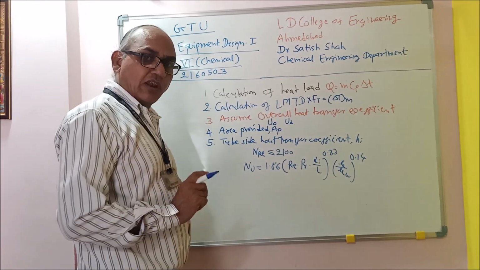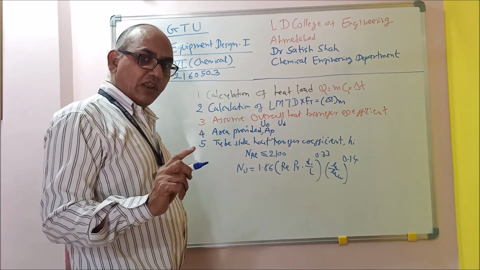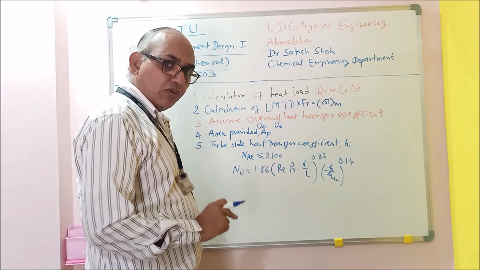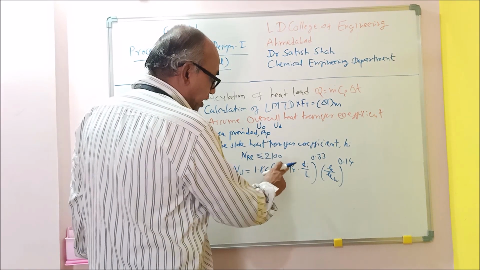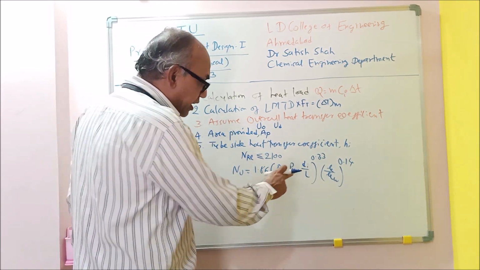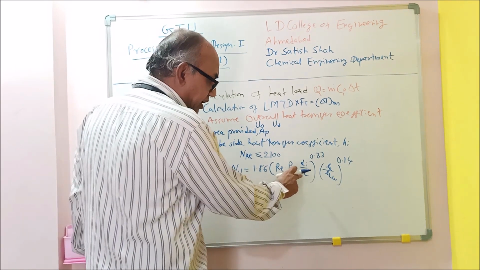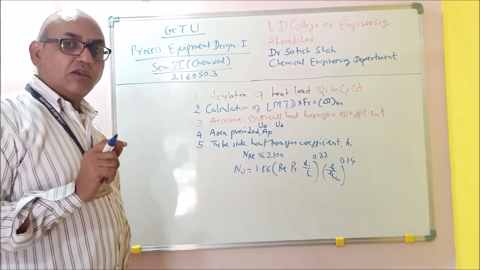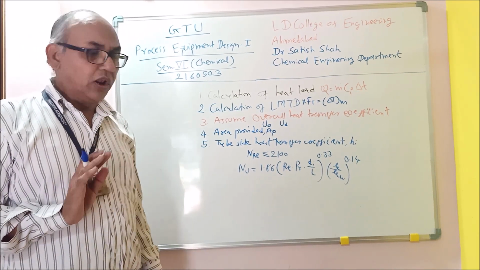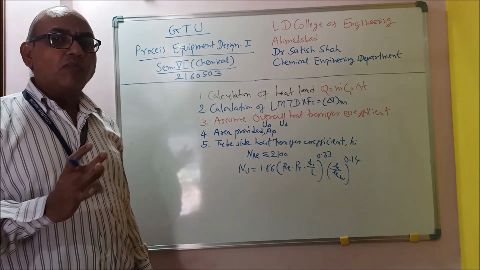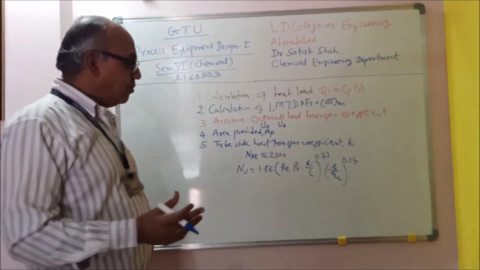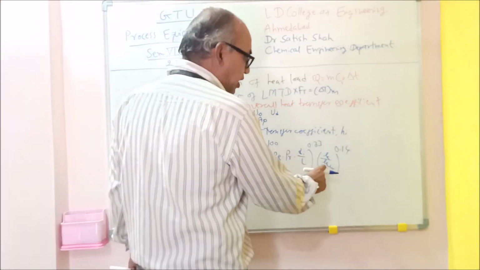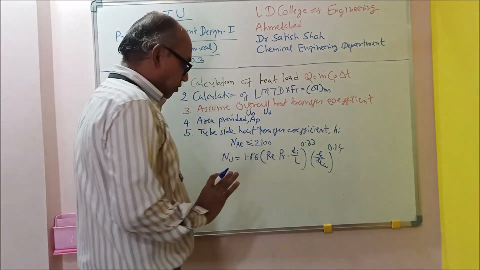Nu is the Nusselt number, as all of you are aware, it is hd by k. Re is the Reynolds number, d u rho by mu. Pr is the Prandtl number. Di is tube ID. L is tube length. And mu and mu W are the viscosity in the bulk and viscosity at the wall. If there is not much viscosity change, we will most of the time consider the ratio mu by mu W equal to 1 and this term will just cancel.